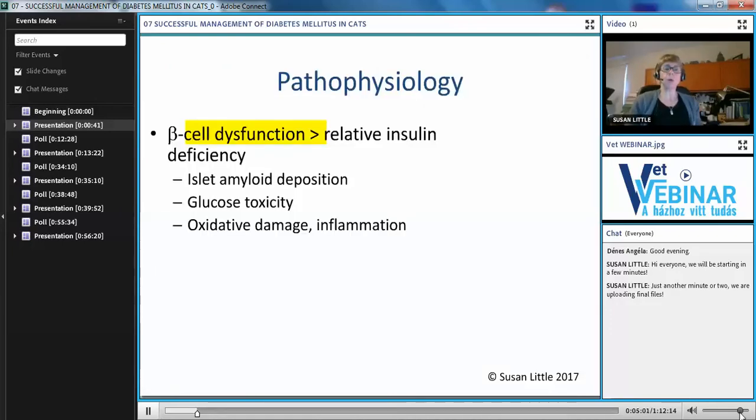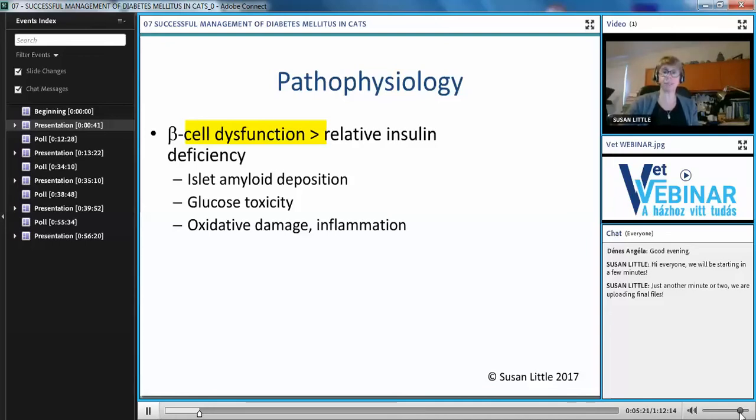So I want to remind you that there are two main factors. One is that these cats have beta cell dysfunction, and that gives them a relative insulin deficiency. So typically these patients are making some insulin, they're just not making enough insulin to meet their needs.